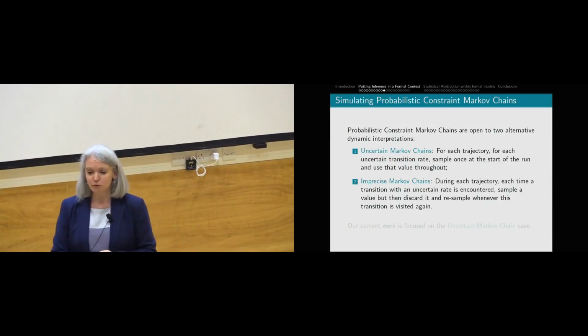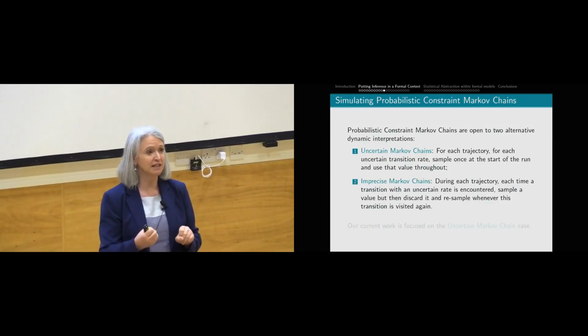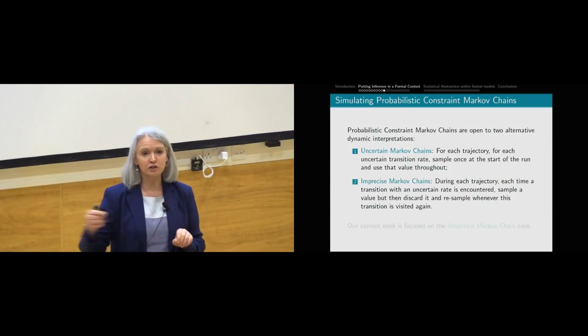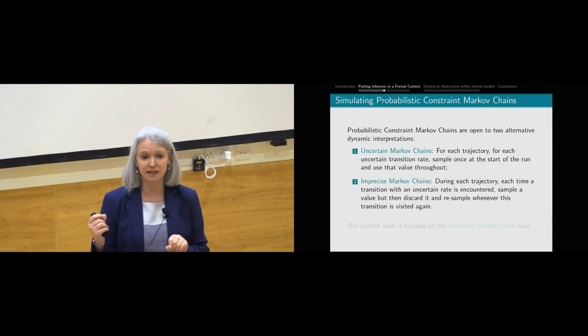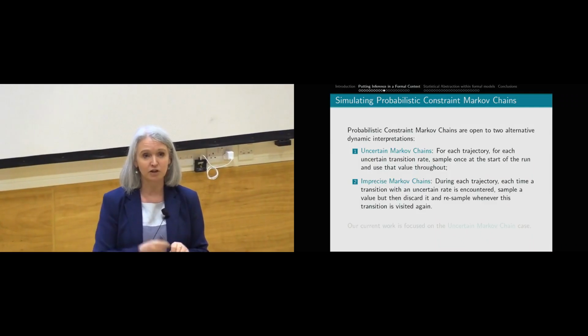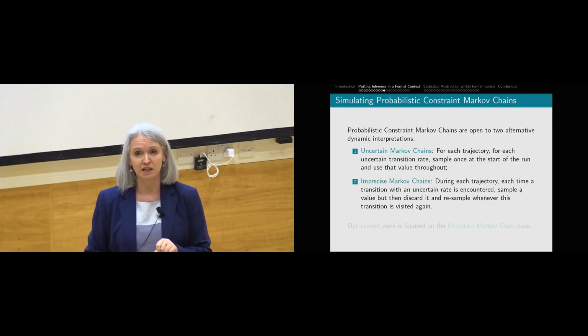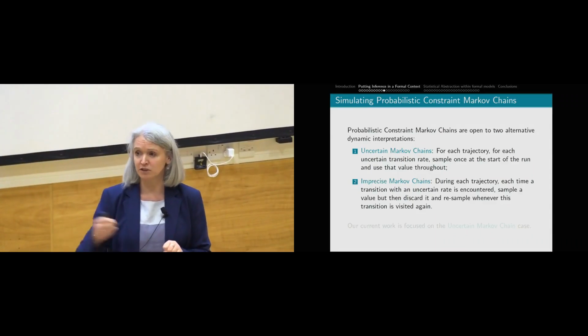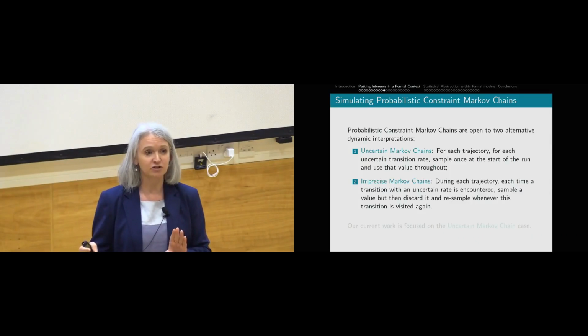The first is what we call uncertain Markov chains, where at the start of a run, if you think of simulating the system, you look at all these different distributions that you have for rates, and for each one you take a sample. Okay? And you pick one value for each of those parameters. And then you execute or simulate the Markov chain with that value for one trajectory.